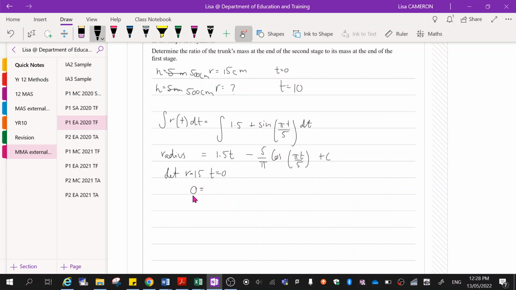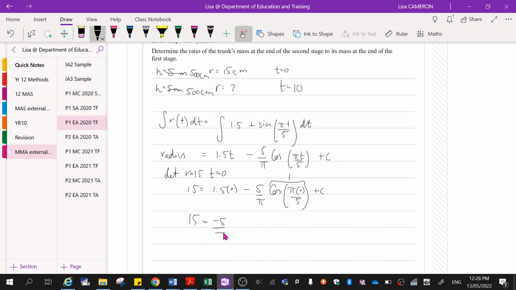So 15 equals 1.5 times 0, which just disappears, minus 5 over pi cos of pi times 0 over 5, plus c. Cos of 0 is equal to 1. So all I'm left with is 15 equals minus 5 on pi plus c.